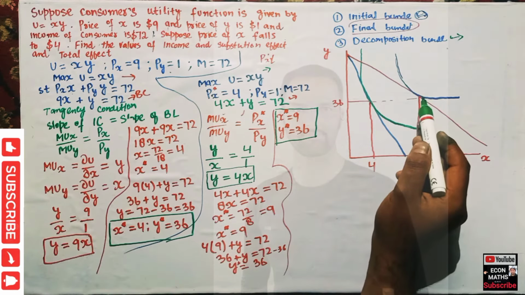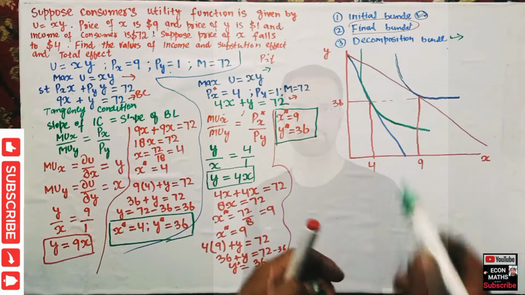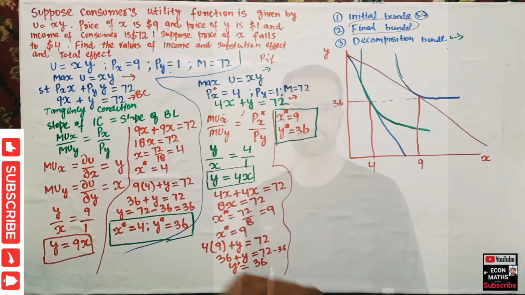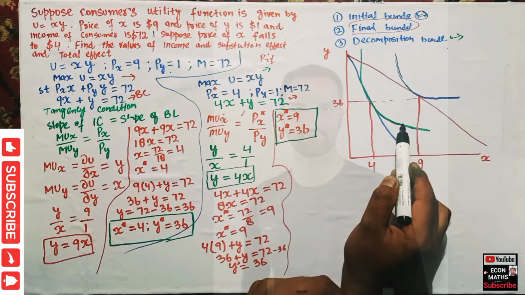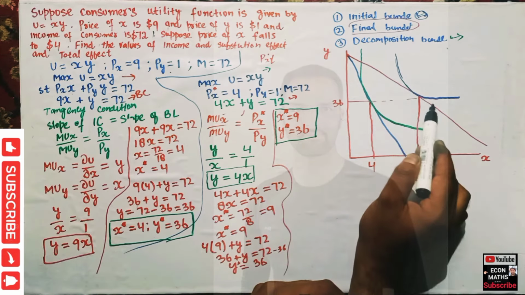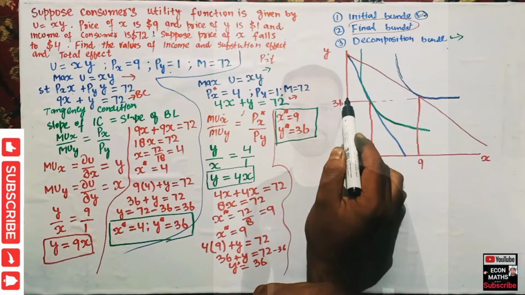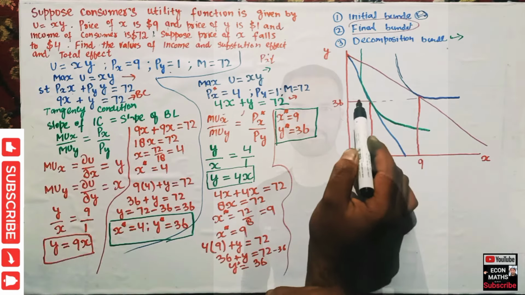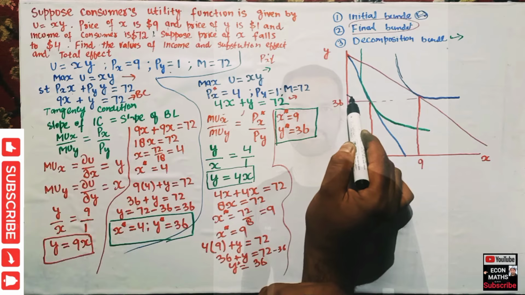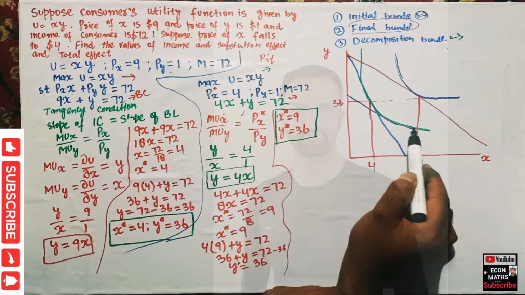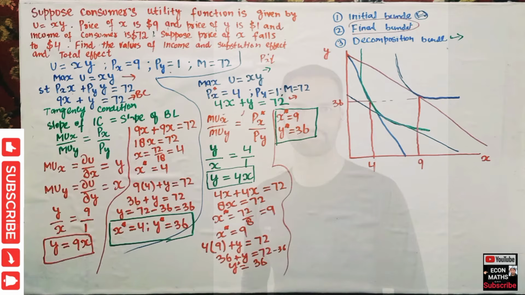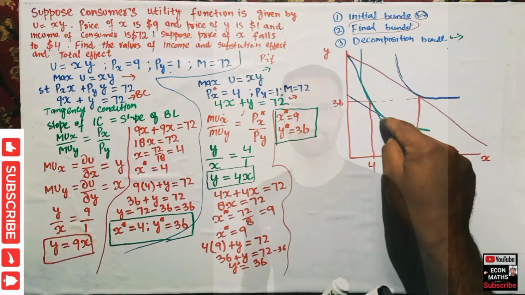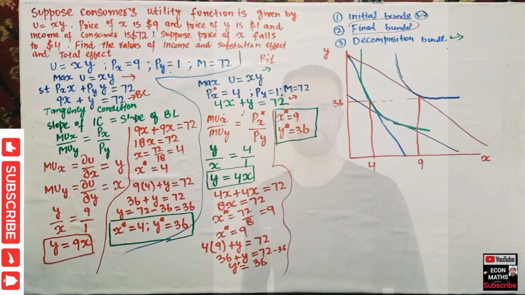If I reduce the monetary restriction here for the consumer, we will draw another parallel line, such that the slope of this budget line and the new line which we draw have the same slope. So let me draw it like this. As I have told you, I am not good at drawing these lines.